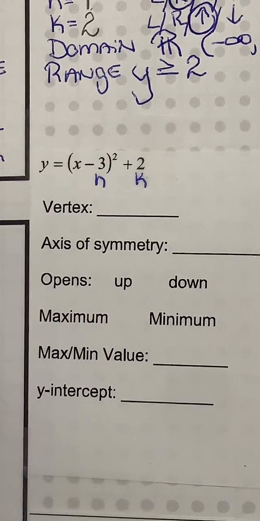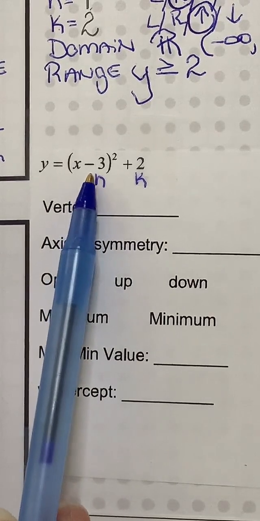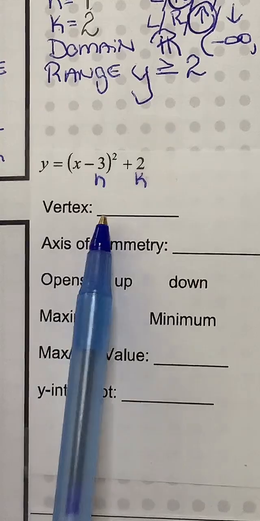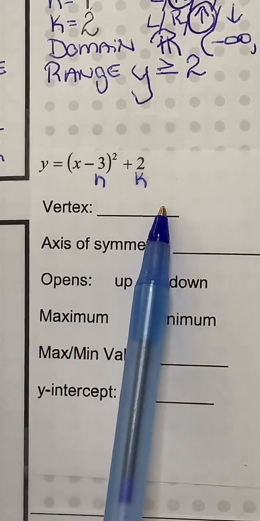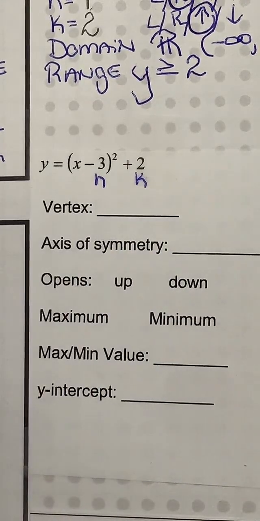If you could take a guess. So Ashley is saying (3, 2). Okay, Grace is saying -3. Okay, remember, inside the parentheses is opposite what you see. Now, the vertex is an ordered pair, a coordinate. So I need an x value and a y value, or in this case, I need an h and a k.